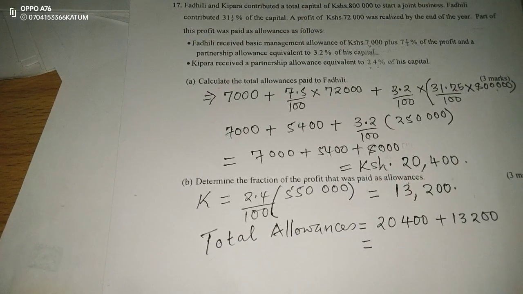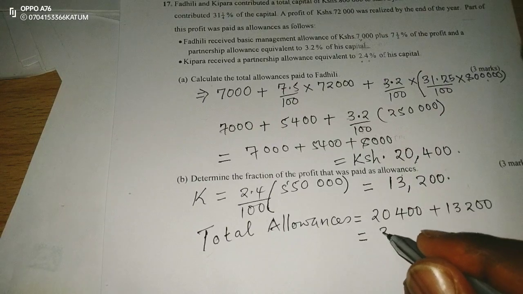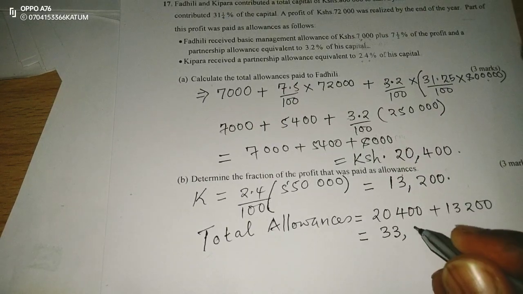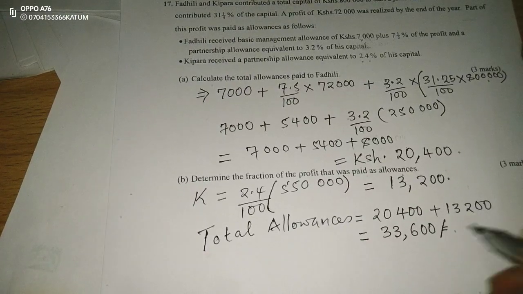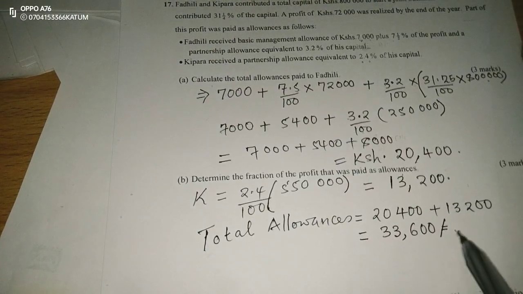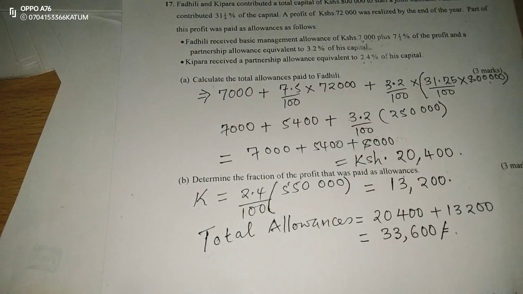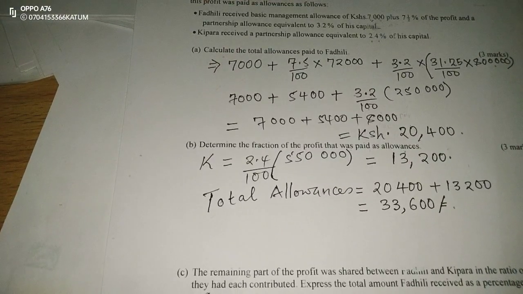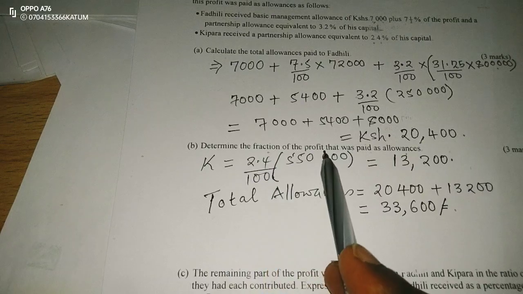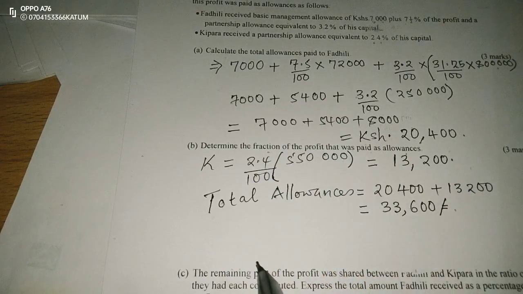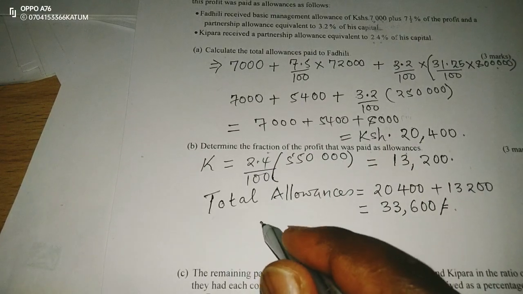This is going to be 33,600 Kenya shillings. So these are the total allowances paid. Now we want to express it: determine the fraction of the profit that was paid as allowances.